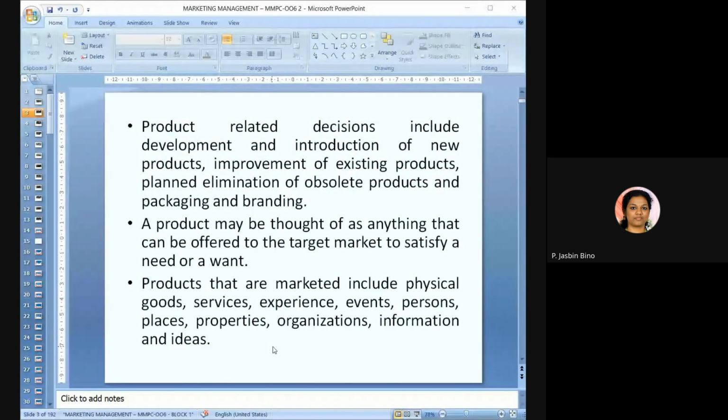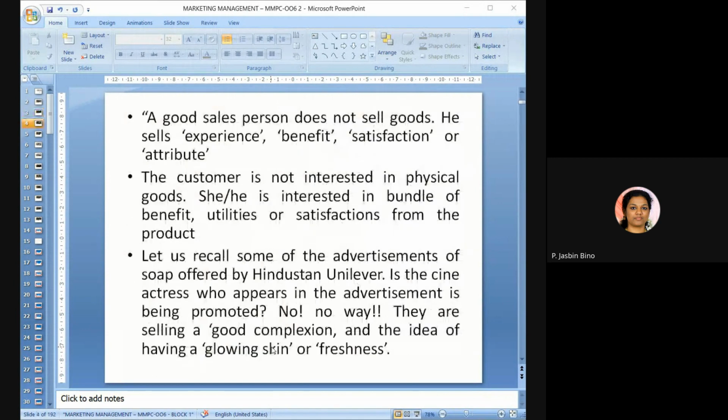As I mentioned in the last class, that is physical goods, services, experiences, events, persons, places, properties, organizations, and information and ideas. So, normally, what does a good salesperson do? He does not sell goods, but he sells experience, benefit, satisfaction, or attribute.